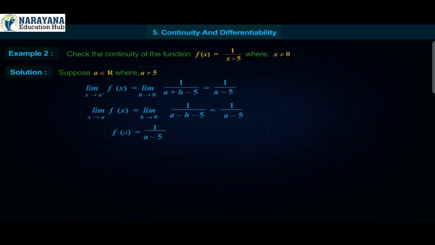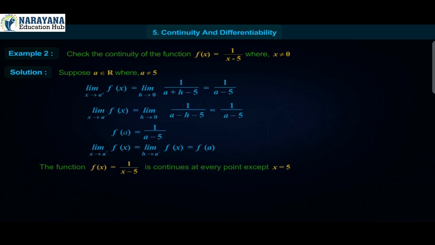f of a is equal to 1 upon a minus 5. Limit x tends to a plus f of x is equal to limit x tends to a minus f of x, which is equal to f of a. The function f of x is equal to 1 upon x minus 5 is continuous at every point except x is equal to 5.